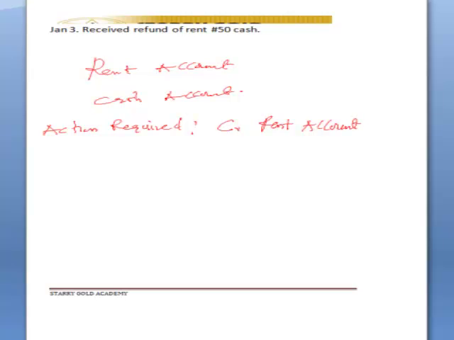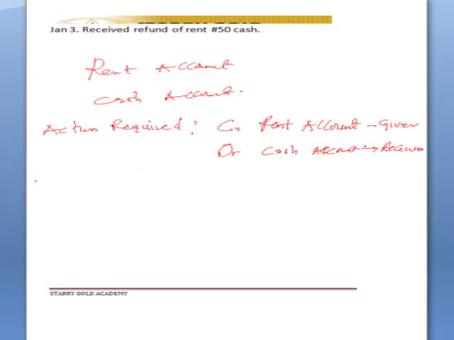Rent account is the giver in this case, and we shall debit cash account, because cash account is the receiver in this case.